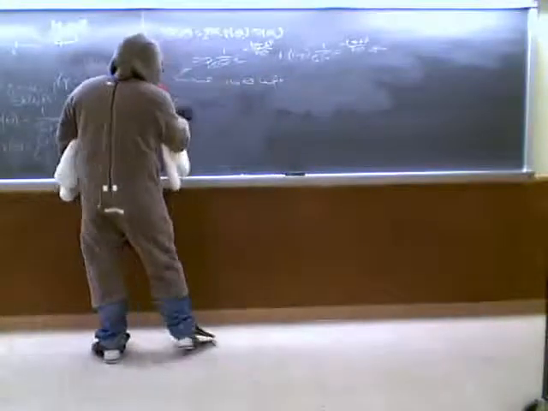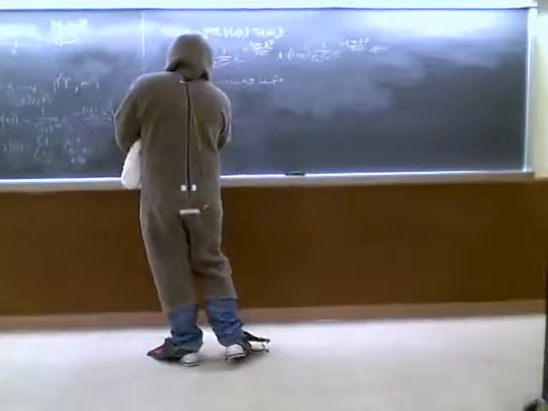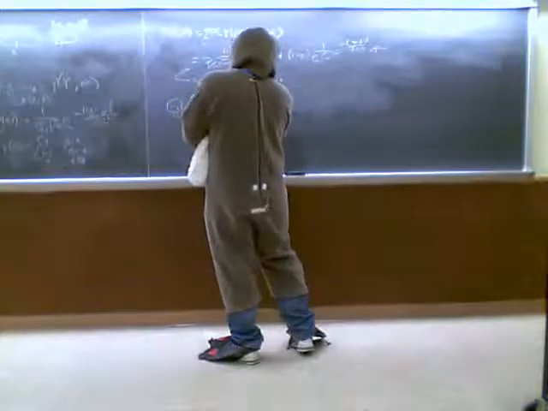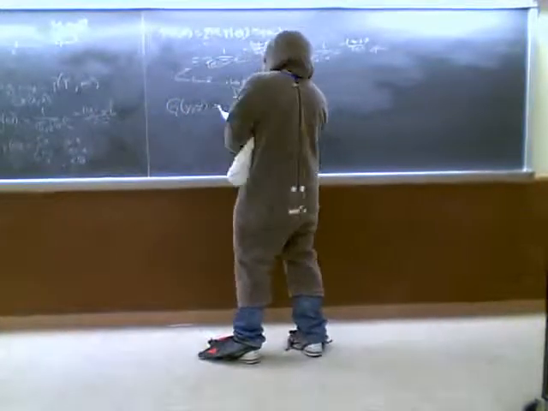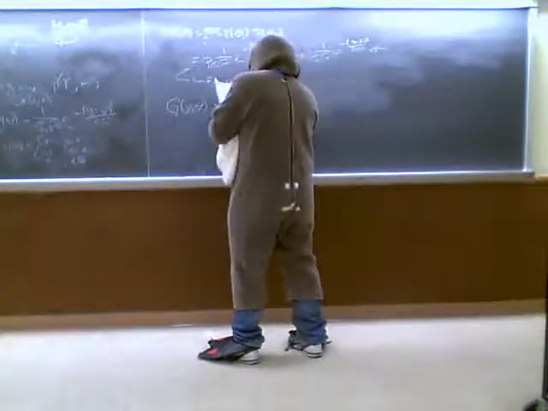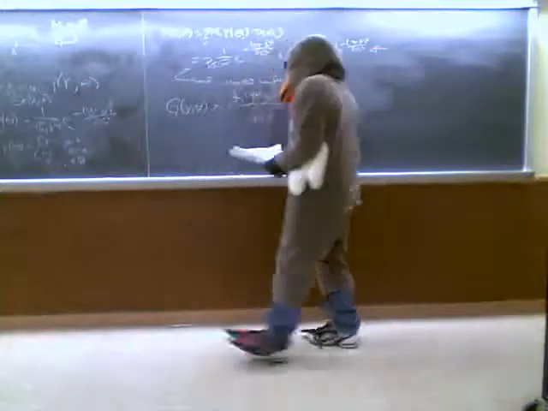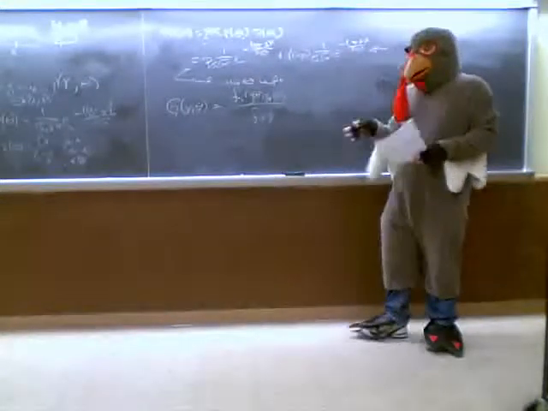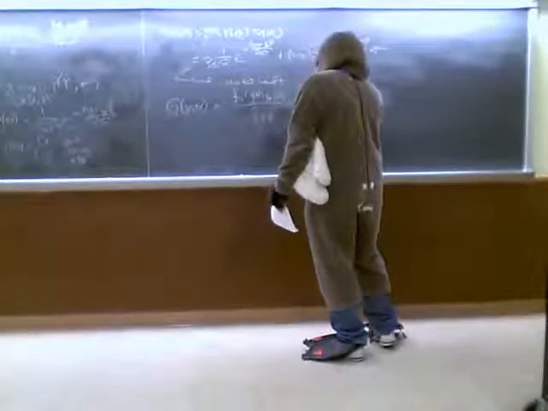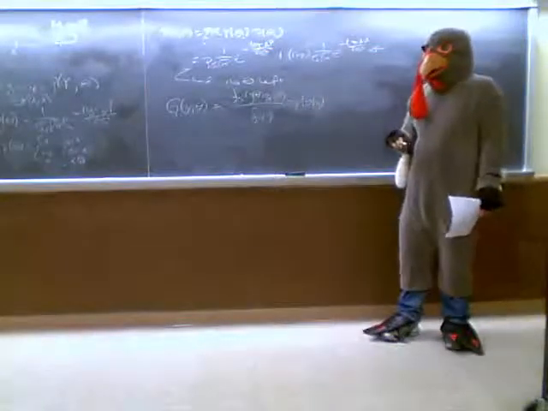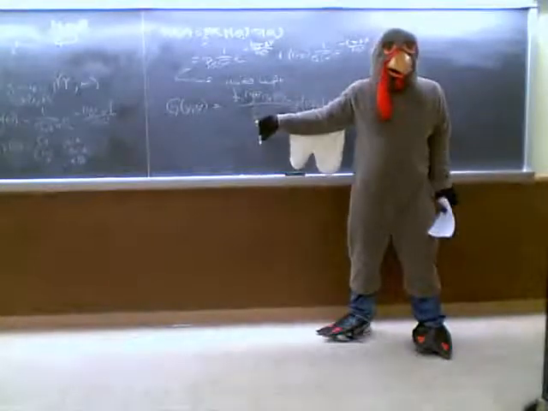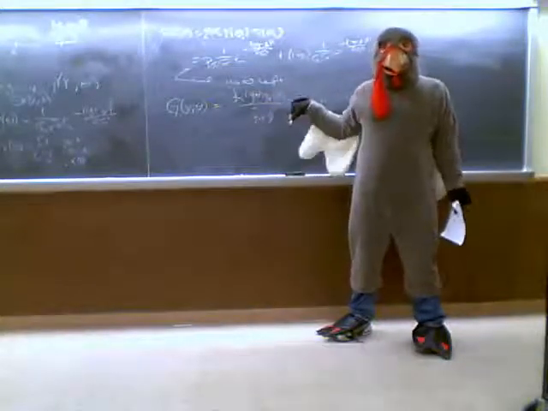Let's now define G of y and theta to be equal to f sub y of y given theta, times the f of theta, all over f sub y of y. What have I done here? I'm simply converting this into P of theta given y, because I'm creating in the top the joint distribution of y and theta and dividing by the marginal probability of y, which gets me theta given y.